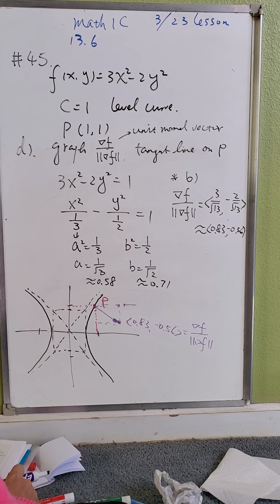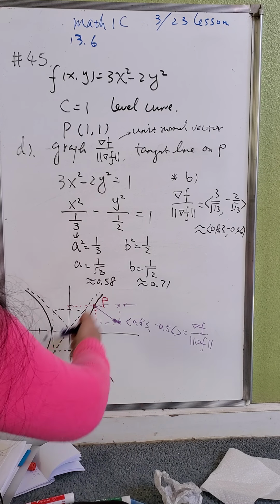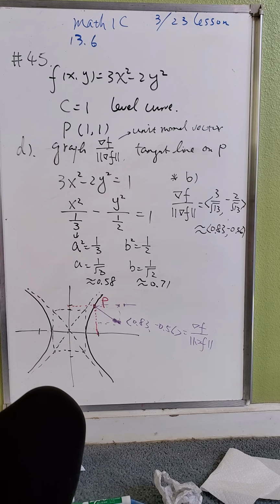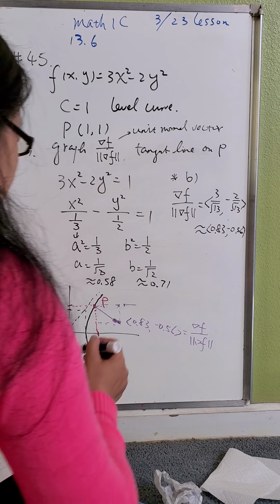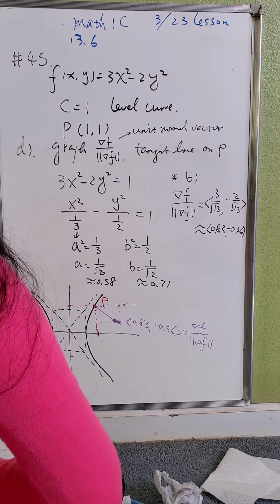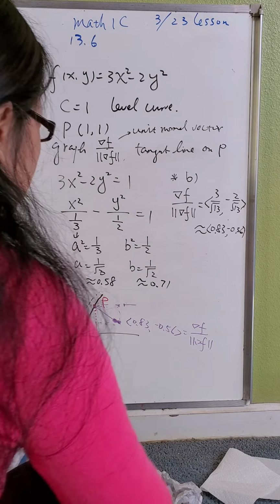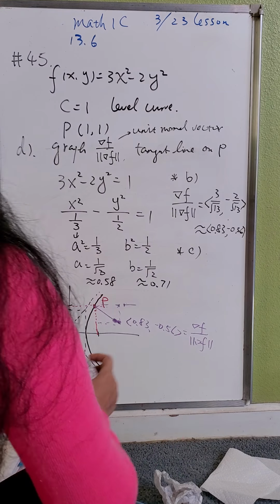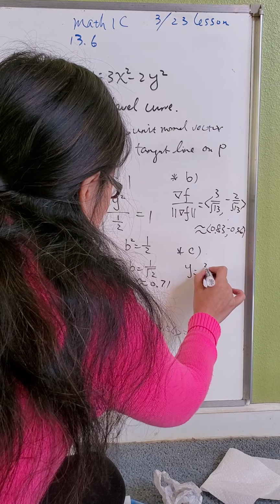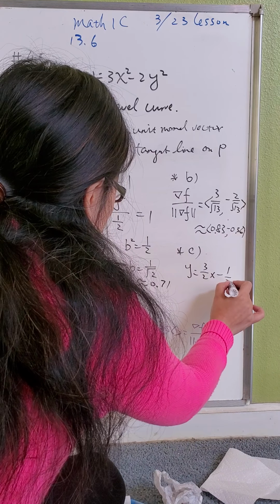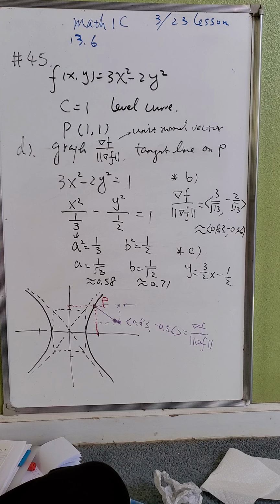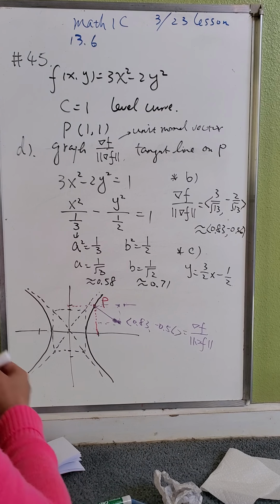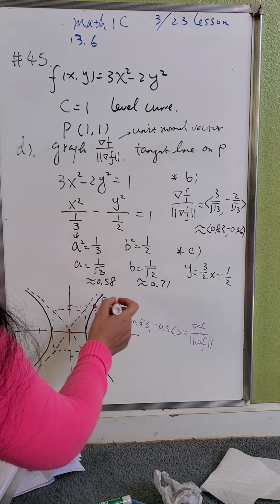And now the tangent line, okay? The tangent line, the function we get from C. From C, we have y equal to 3/2 x minus 1/2. And then now you're going to start from here. I'm going to use my red for my tangent line.